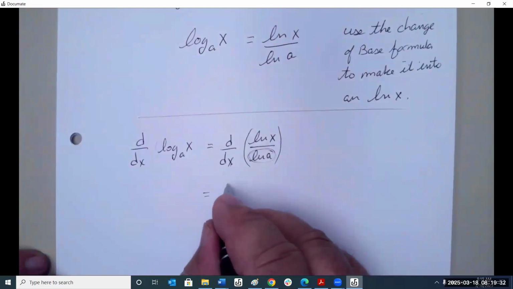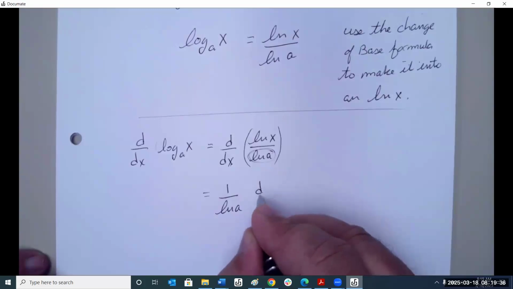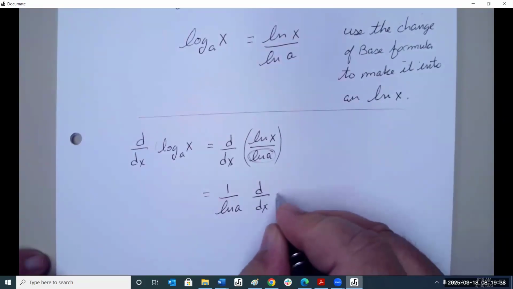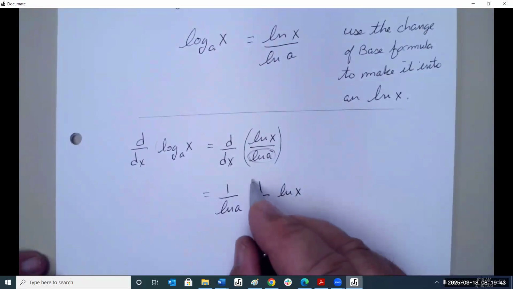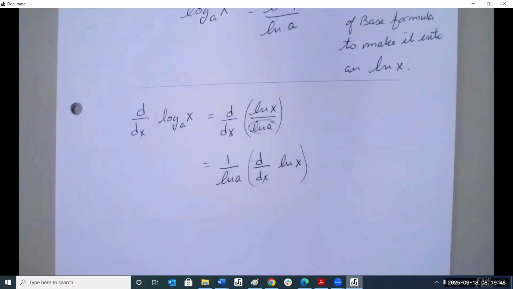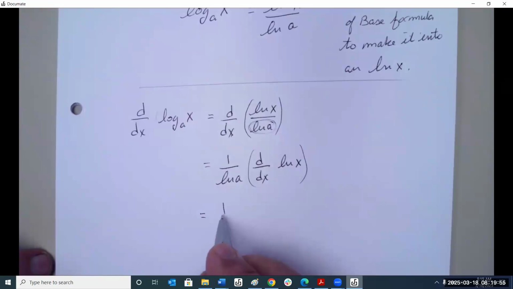So I could bring that out in front. So we have 1 over ln a.